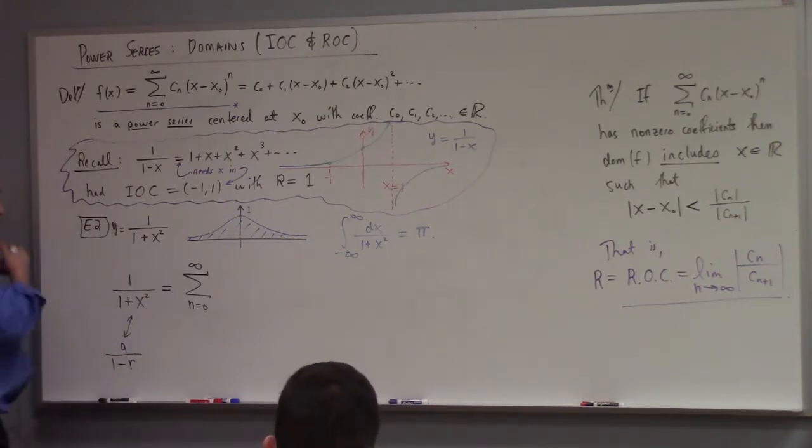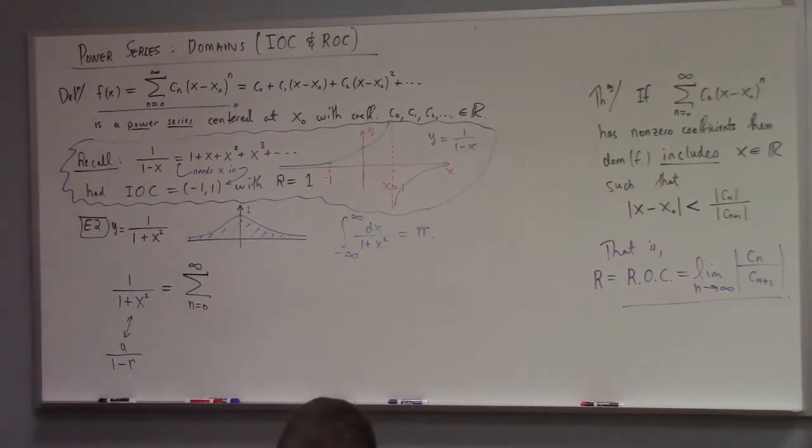What is your r? A is 1, and r is negative x squared.